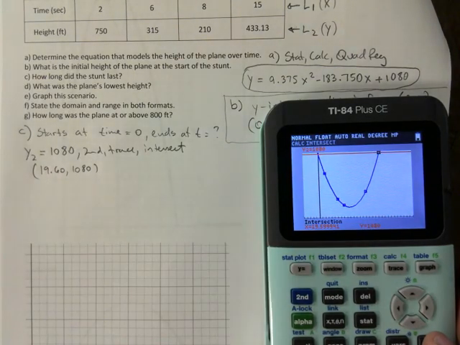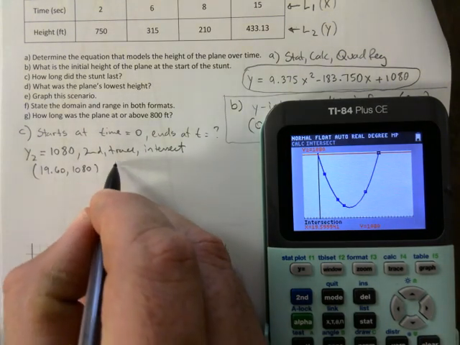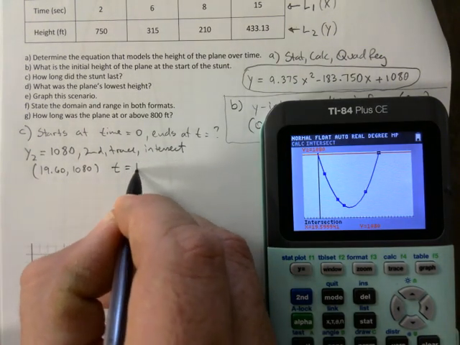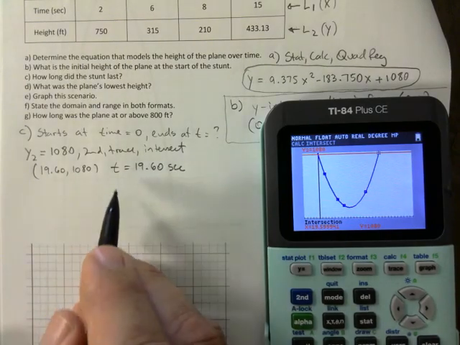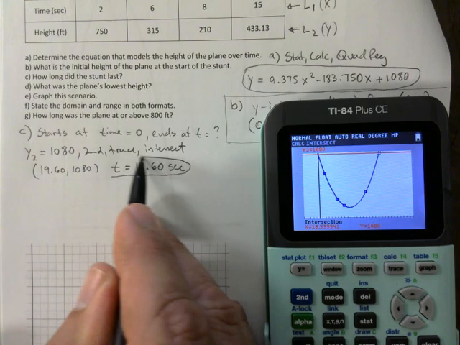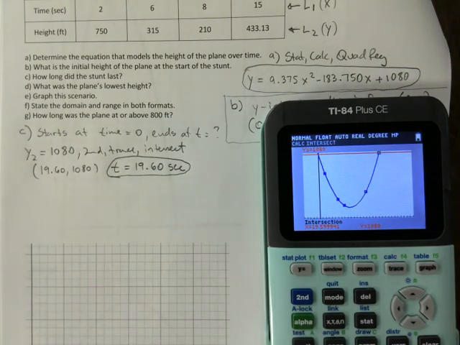And because we start at time 0, we don't need to subtract here. We don't need to do the delta t, right? It would be irrelevant. So time would be 19.60 seconds, right? That's what we're after. It takes 19.60 seconds to perform the stunt.